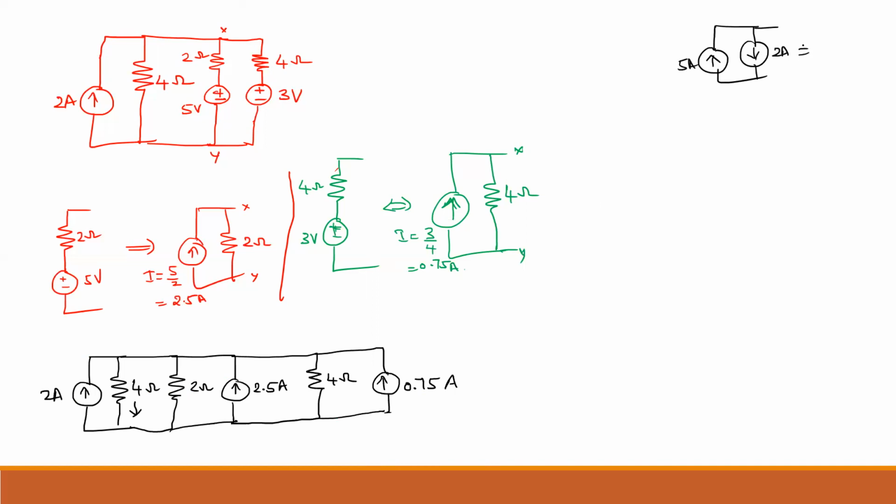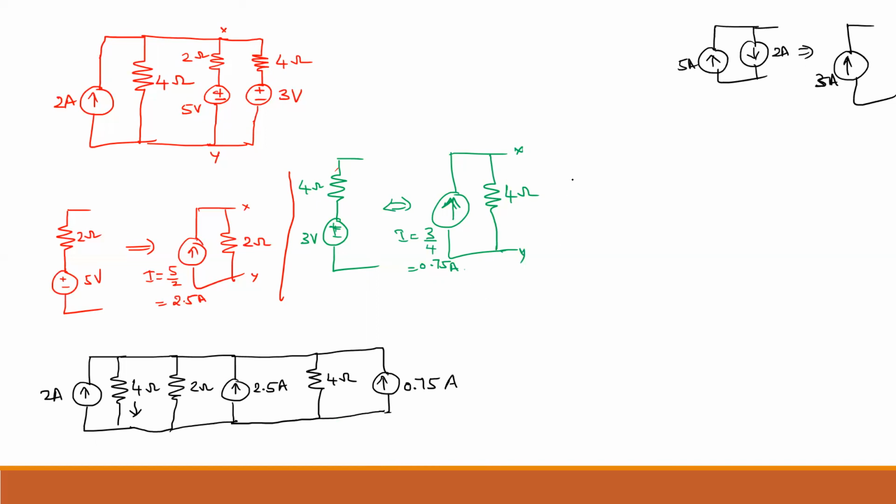If both are opposite, you will get the subtraction of currents. 5 ampere is higher, so the direction of current is 3 ampere with upward direction. Similarly, here 2 ampere upward, 2.5 upward, 0.75 also upward.